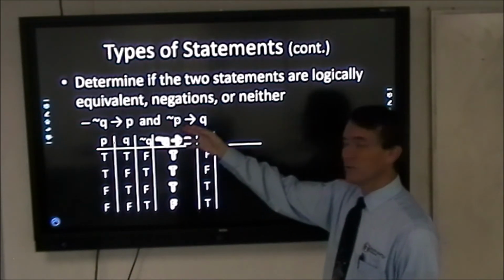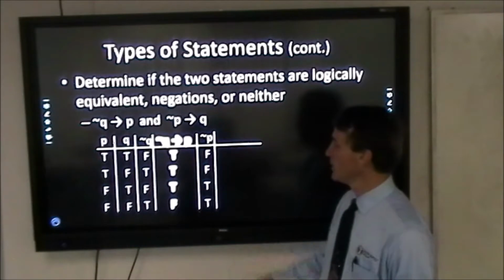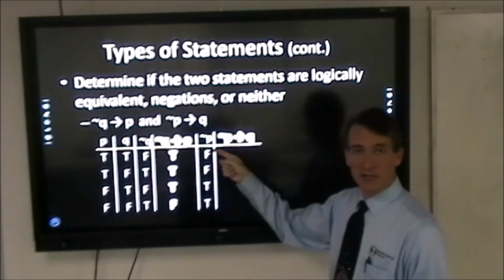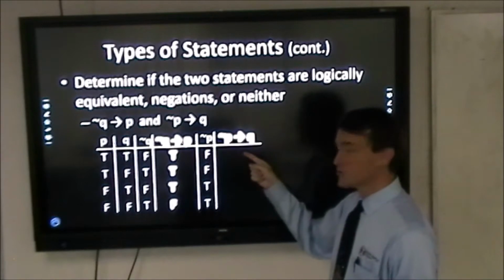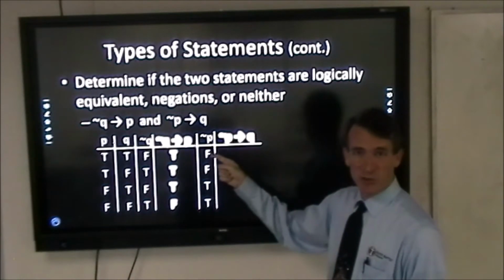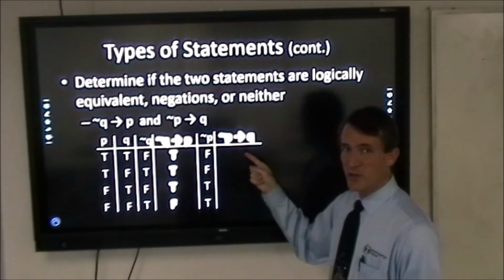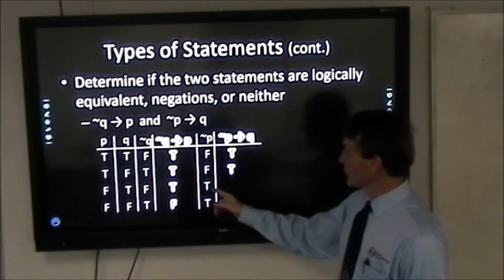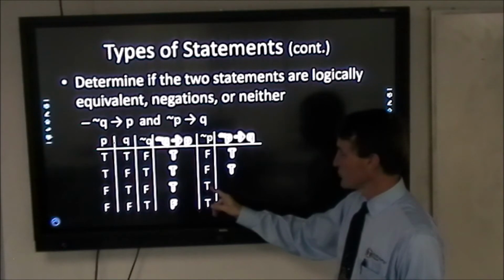Now I need to make a column for the if the negation of P, then Q. So here I look at if P, the negation of P is false, then there's no way that the person can lie. The dishwasher was never emptied, so there's no way to break the promise. So that's true as well as the second row. In the third row, I do have a true statement.